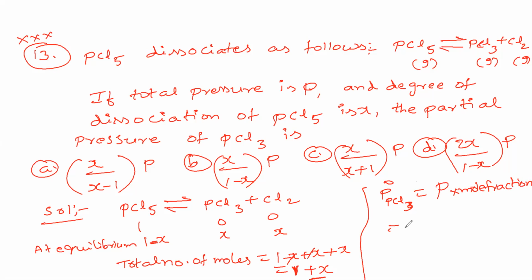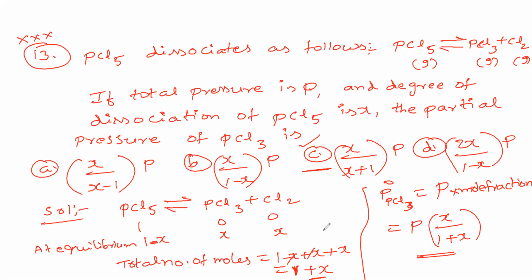So it is P into the mole fraction. The number of moles of PCl3 is X, and the total number of moles is 1 plus X. So P into X by 1 plus X. This is the answer, the third option.